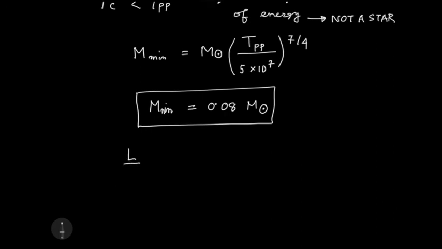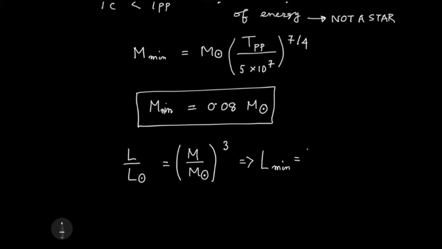And if I know the minimum mass of the star, you remember that I said that I will calibrate everything in terms of the solar. So I can calibrate the luminosity in terms of the solar luminosity. Remember that our expression said that it will be like M cubed.